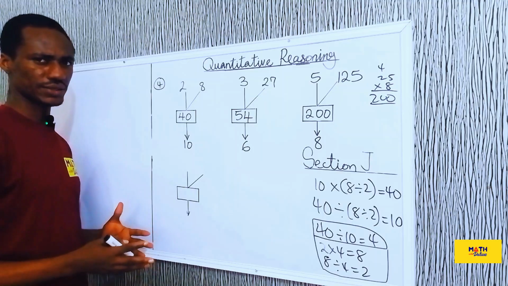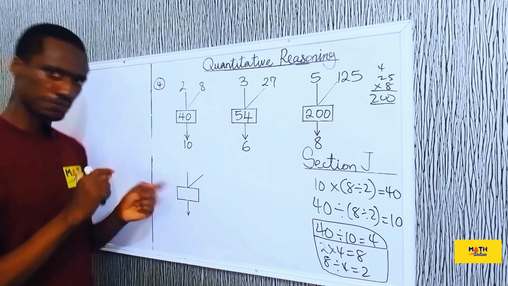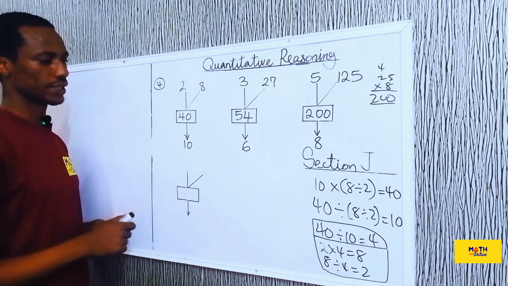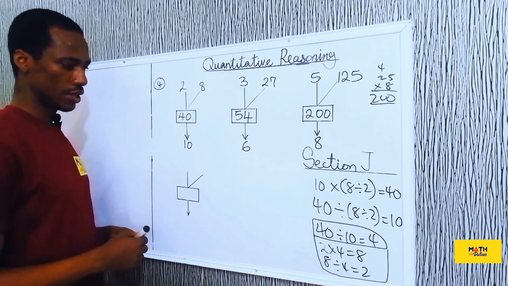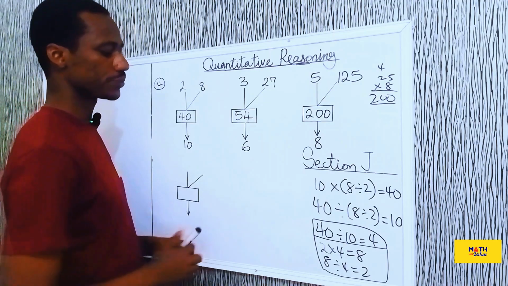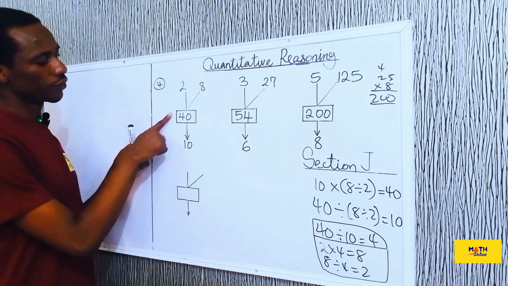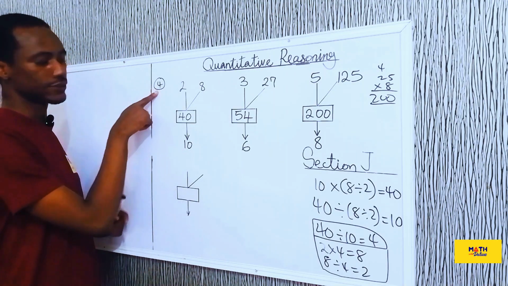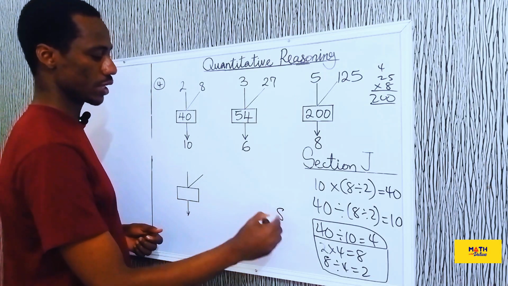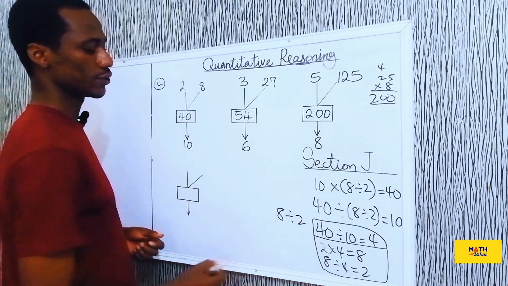Do you understand the analysis? It's a little bit, but I believe you can go over it again and again, and then you get it. The only area where I know it may be a little bit tricky is this point, where you do 40 divided by 10, and the answer is 4. And you know that answer that is 4 is the same thing as 8 divided by 2.